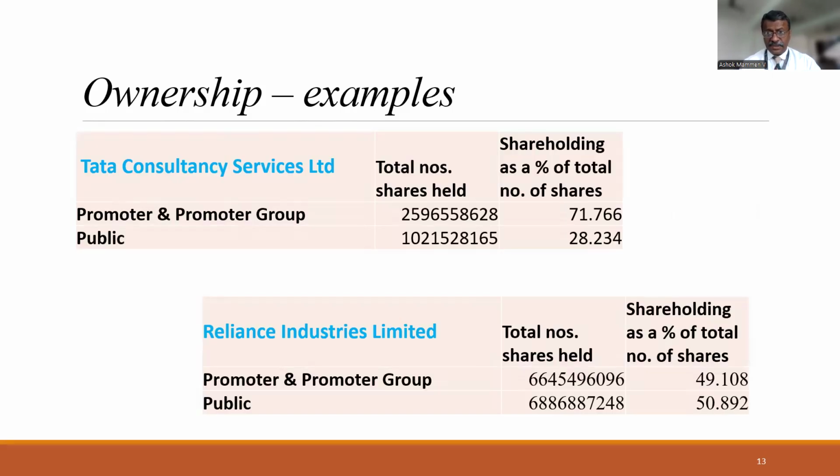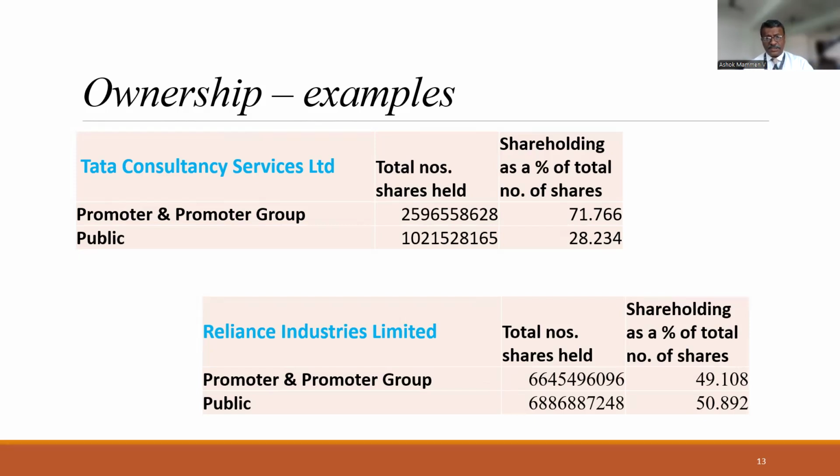Okay, let us look at it with an example. If you see Tata Consultancy Services, this was taken probably sometime in November 2025. If you look now, probably the percentage shares would have changed.